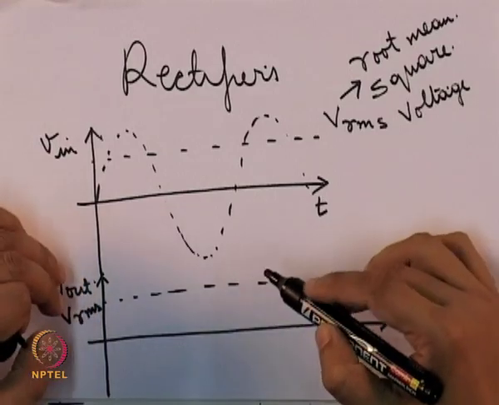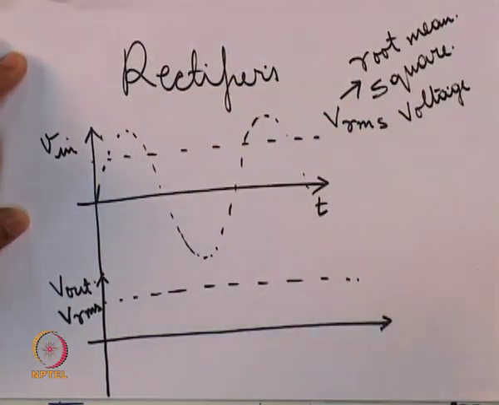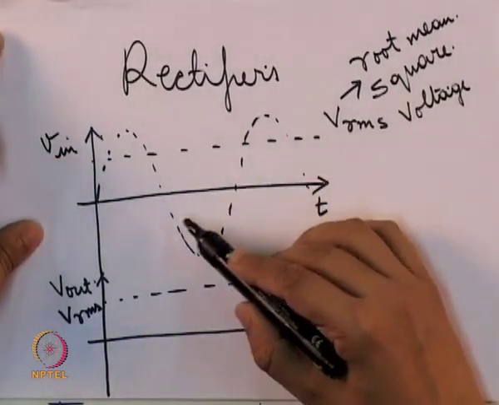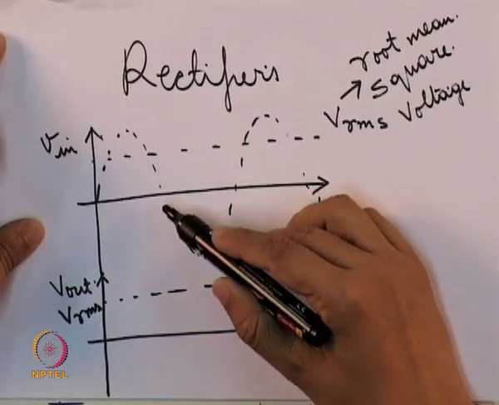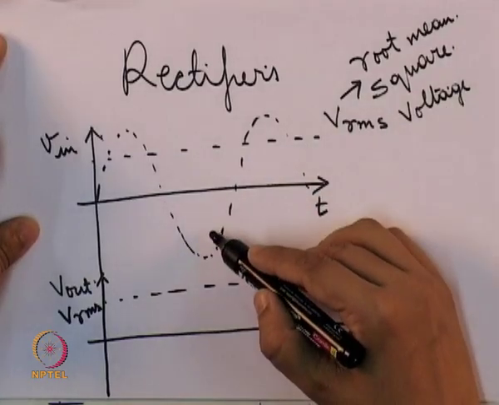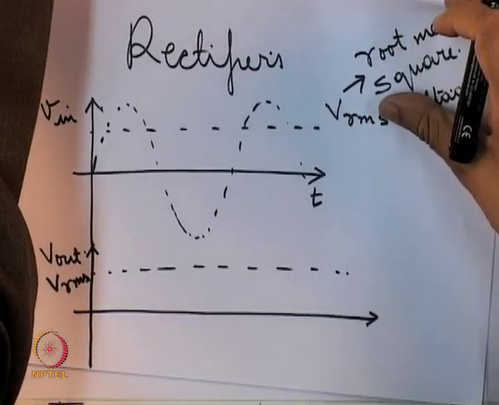That is never possible because there is no ideal rectifier which can do such a conversion, but we can approximate it or go nearby. For example, this negative half cycle of the input sinusoidal voltage, if we can flip it over, then we would get something like this.